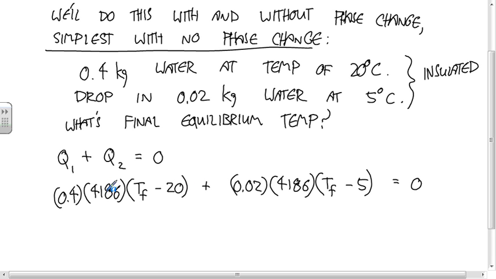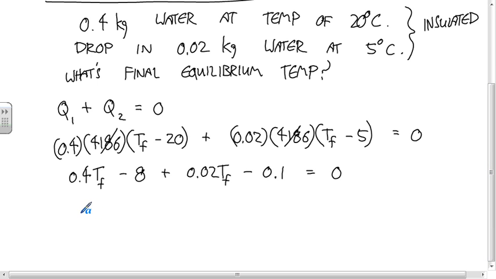So in this case, we can divide both sides by 4186. We get 0.4 TF minus 8 plus 0.02 TF minus 0.1 is equal to 0.